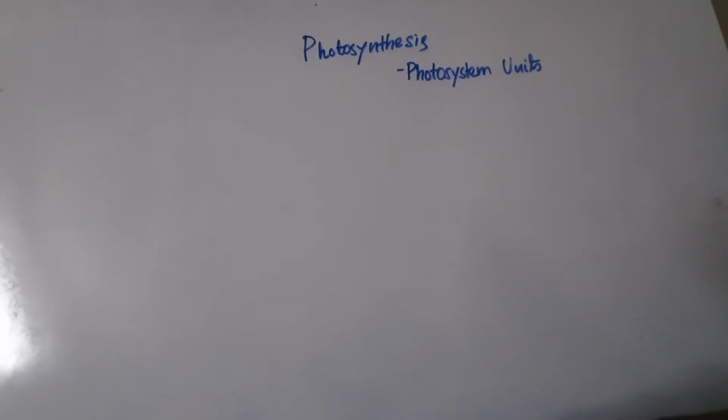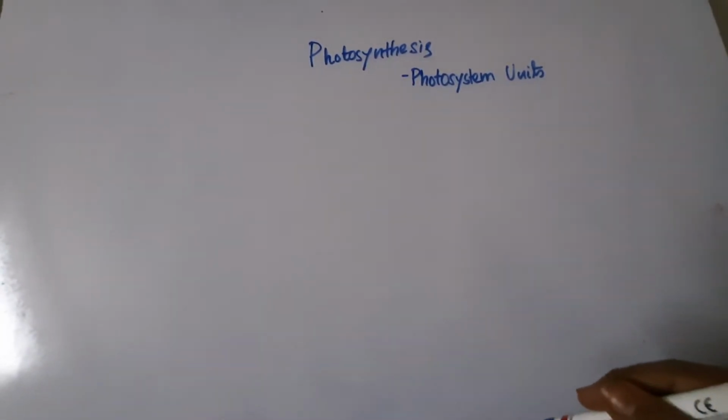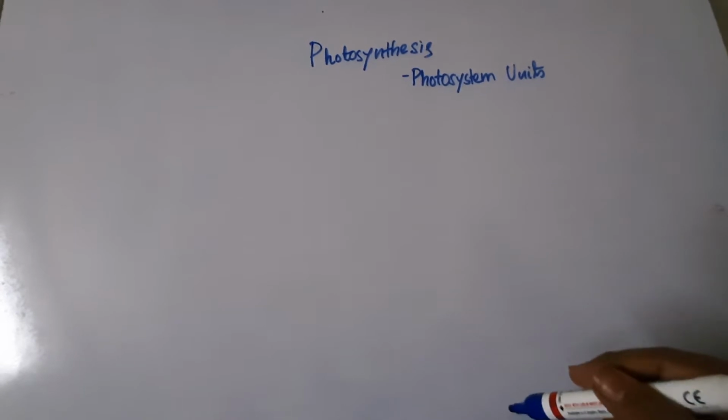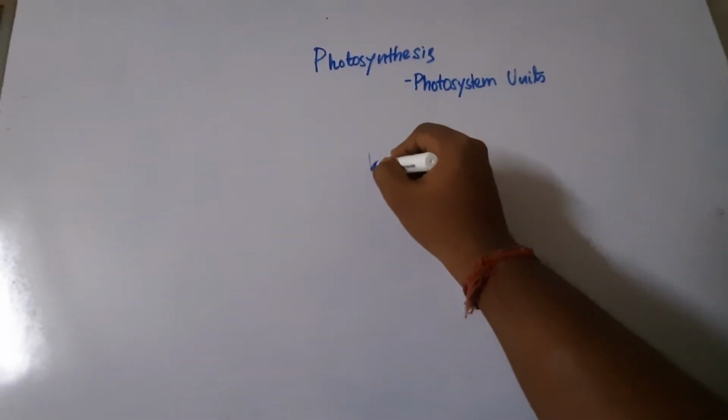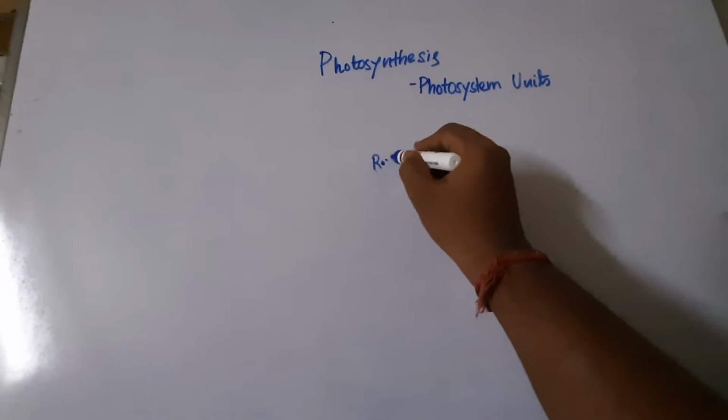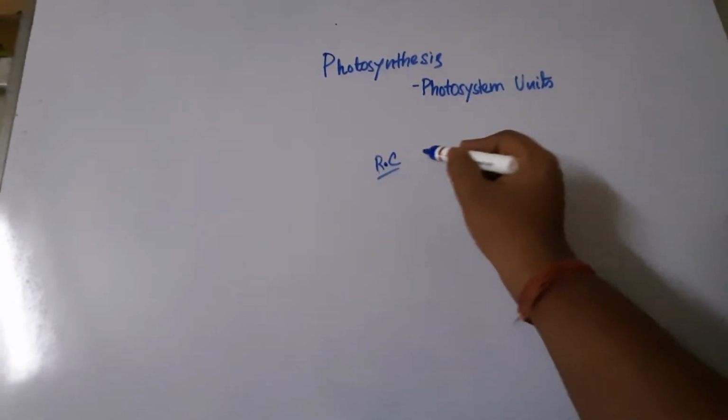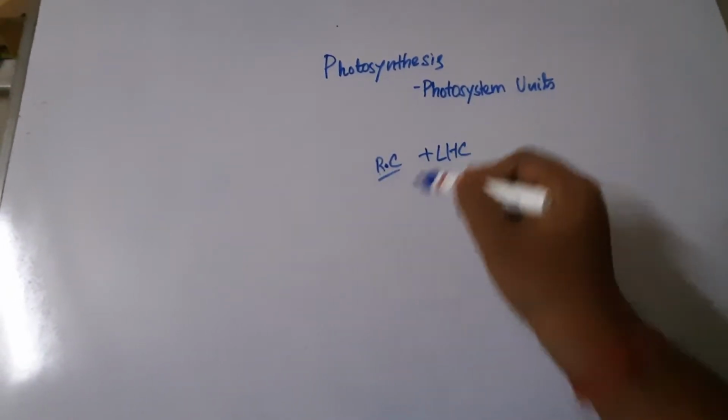Before teaching photophosphorylation, let me tell you a little bit about the photosystem units. In the photosystem unit, there is a reaction center, which we denote by RC, and a light harvesting complex.